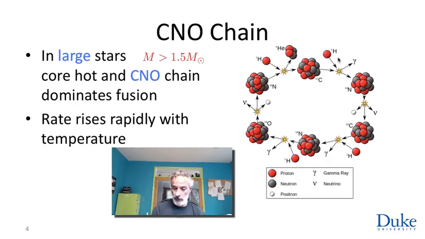So the net result is 1, 2, 3, 4 protons go in, 2 weak decays take place, and a helium atom is spat out. The carbon is recycled in this process, so it's not being fused into anything.